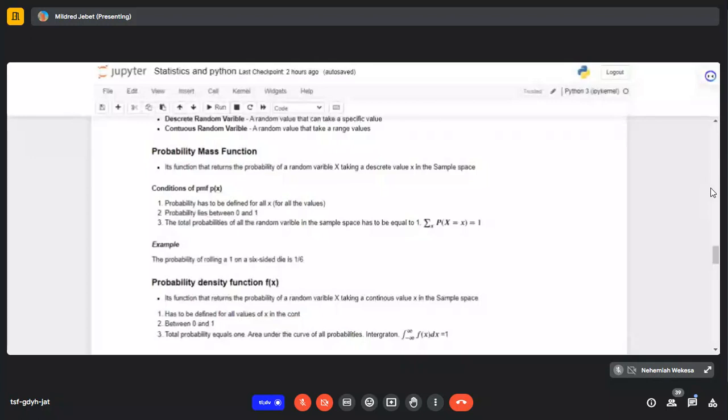When you're calculating the total probability of a discrete variable, you sum the probabilities. But for a continuous variable, you have to integrate to get the total probability. I don't know if you get it. Yes.